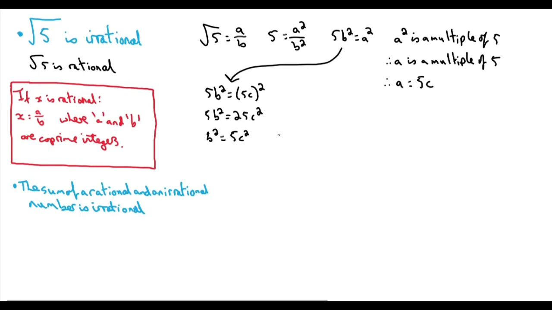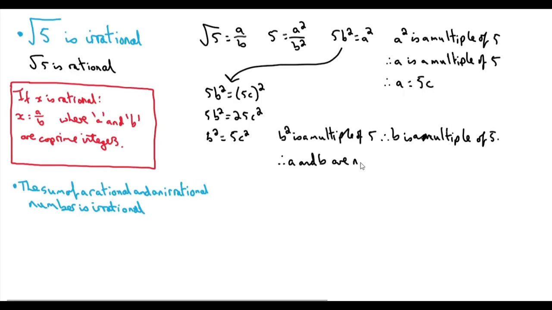With the same logic, we can therefore say that b squared is a multiple of 5 and that b on its own is a multiple of 5. But if both a and b are multiples of 5, that means that a and b are not coprime.